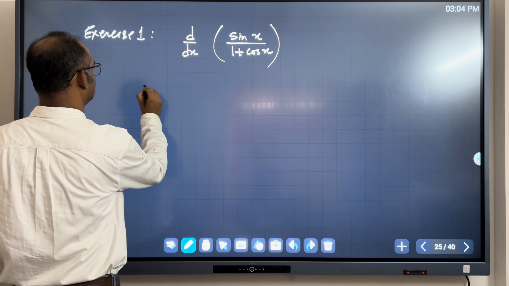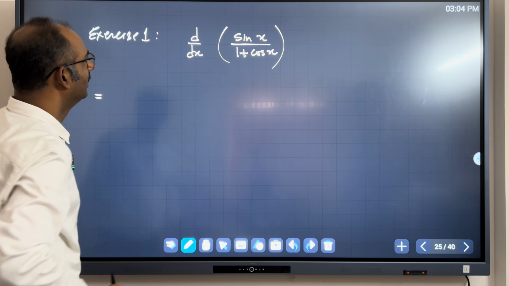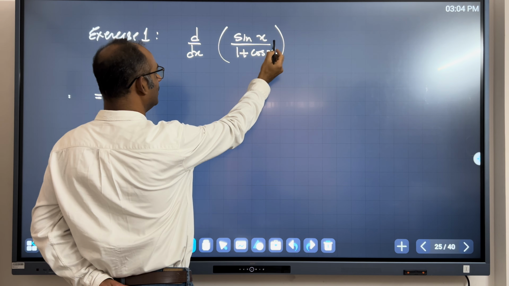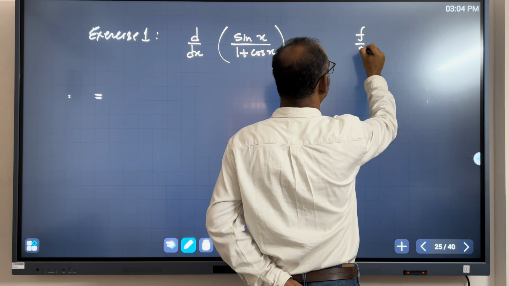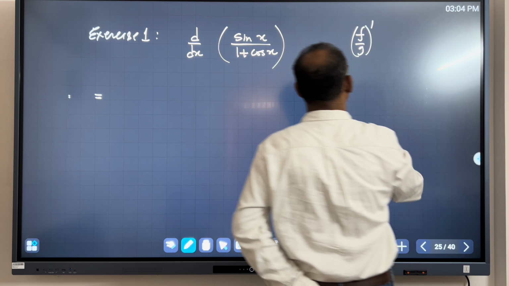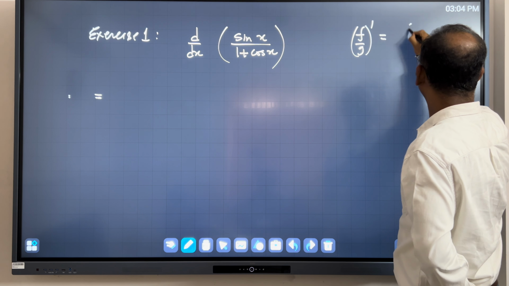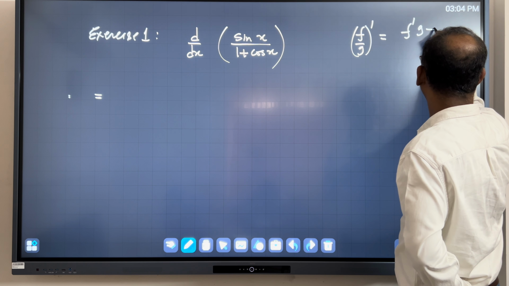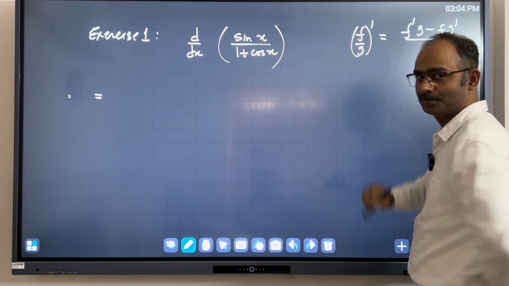So this is equal to, remember, the derivative of f over g is f prime g minus f g prime over g squared. Remember this?